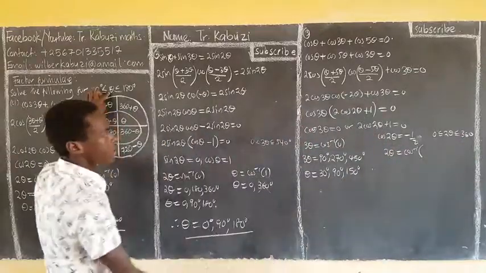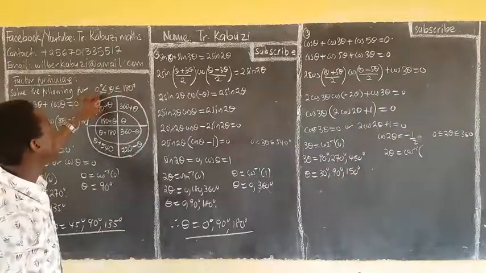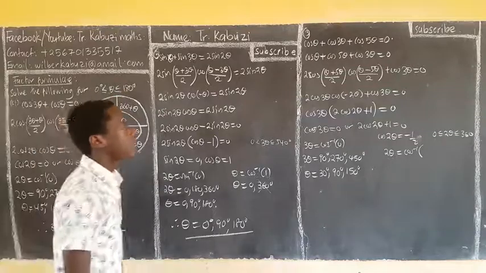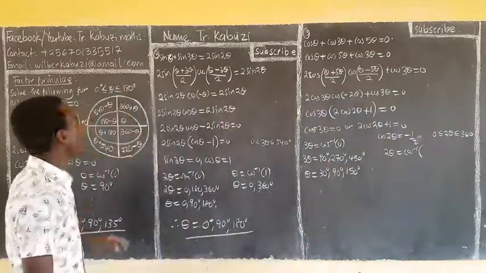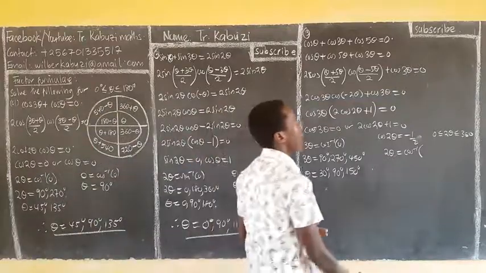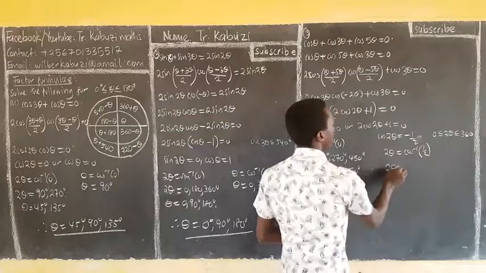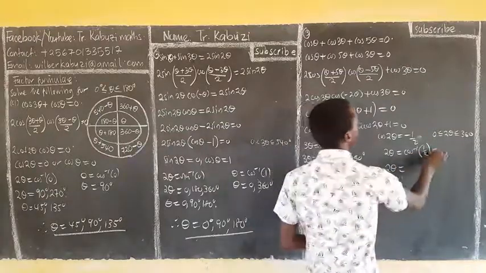I multiply this by 2 because the angle is 2 theta, so 0 times 2, then 360 times 2. Because cos is negative, we get our acute angle, which is a half. So 2 theta, cos inverse of a half, that will give us 60 degrees.